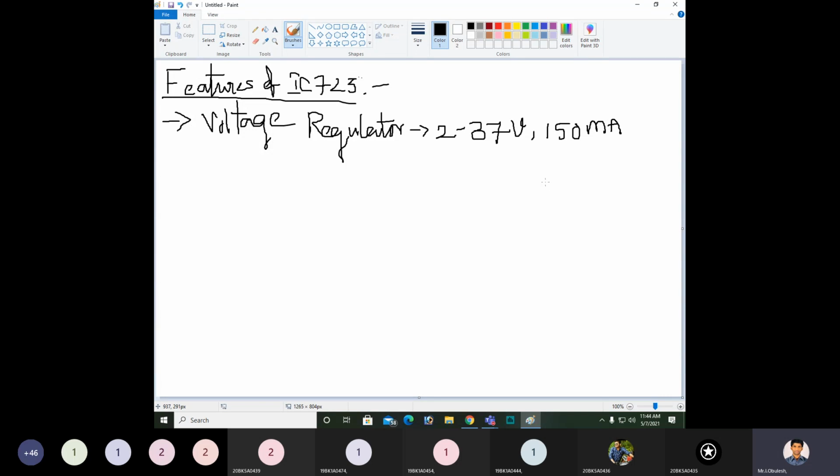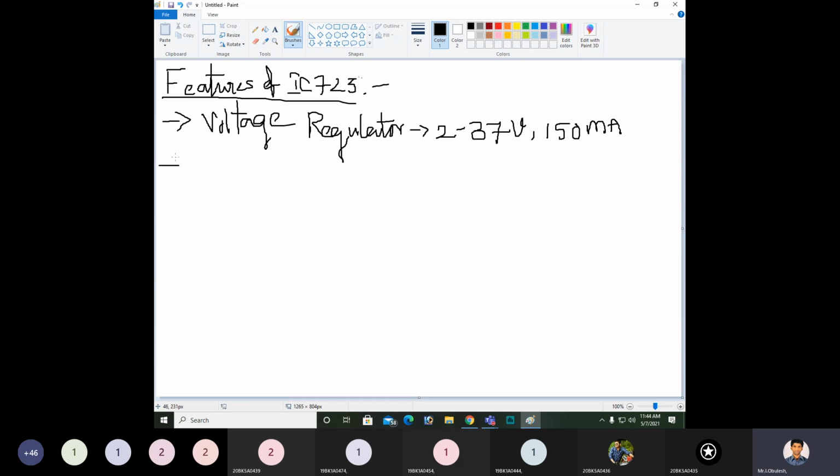So this acts as a voltage regulator, with the output voltage ranging from 2 to 37 volts, under the current up to 150 milliamps. This is the first feature.